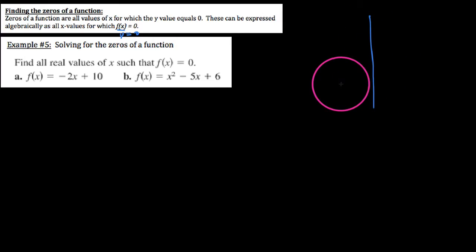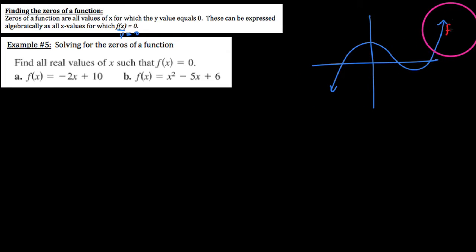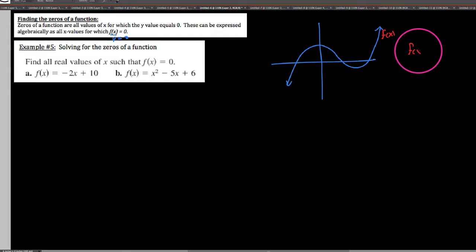So one thing that we kind of want to mention here is this. Let's say we had a functional relationship here, and then I could call this curve here f of x. What we're looking for are all x values that cause this to be true. And so because we're looking for all x values that cause our function to have y values of 0, really what we're looking for is all x values where our graph is at a height of 0.